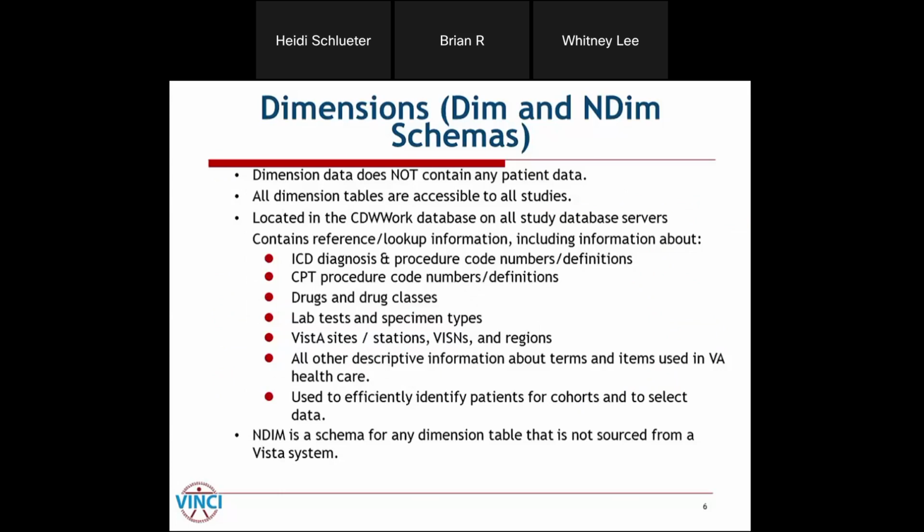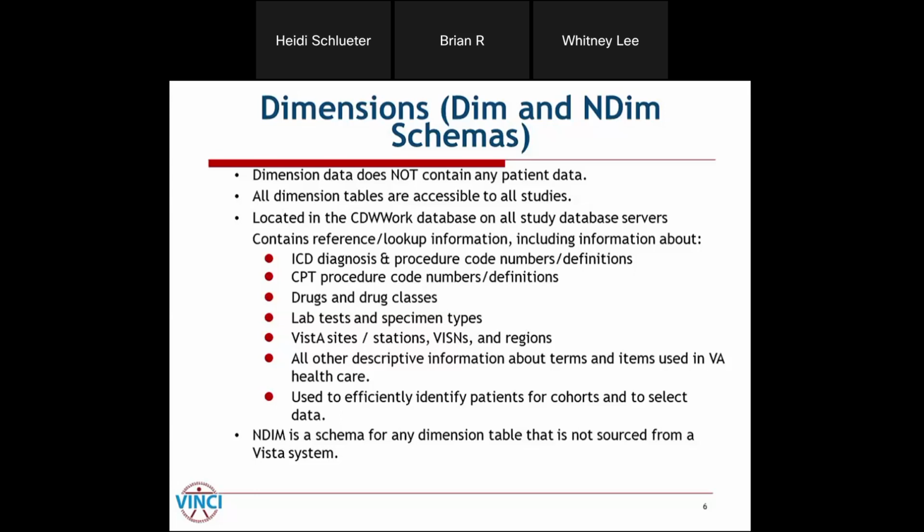They are located on the CDW Work database on all study database servers, and these DIM tables contain all kinds of information, including reference and lookup information, things like ICD diagnosis, procedure code numbers and definitions, drugs, drug names and drug classes, lab test names and specimen types, Vista sites and stations, visions and regions, descriptive information about other terms and items used in the VA healthcare data, and they can be used to efficiently identify patients for cohorts to select your data.